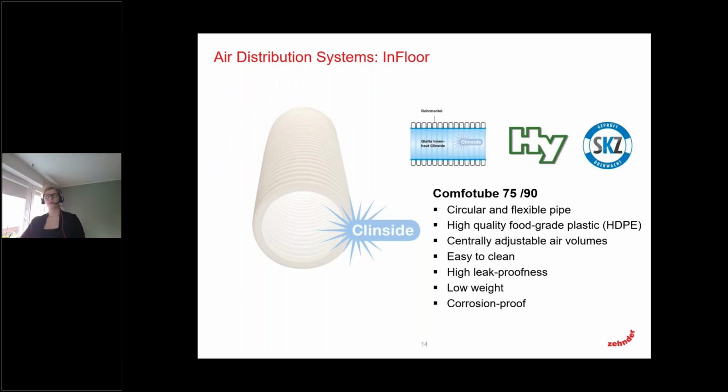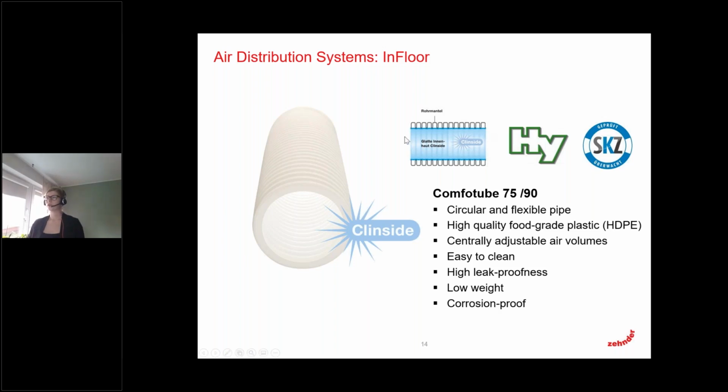The other tube type that we have in our portfolio is the in-floor tube, a round tube, which has 2 possible sizes, ComfoTube 75 and ComfoTube 90. For this tube as well, we have the hygiene certificate and the SKZ certificate to prove the quality of the plastic that we are using.